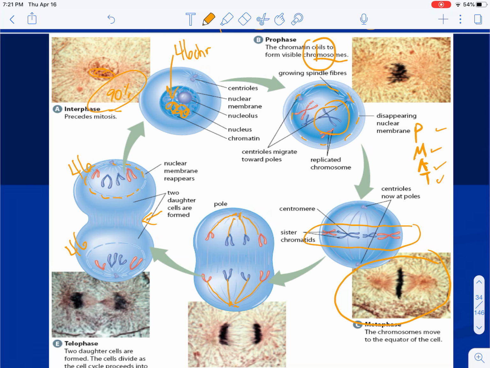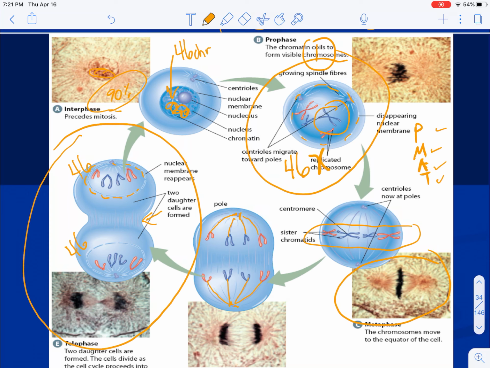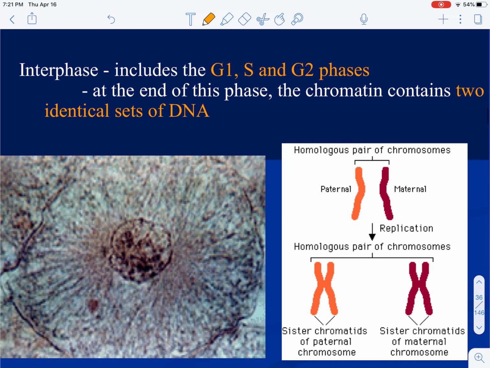The cell that started off in prophase would have 46 chromosomes in the shape of an X, whereas when we finish, we're going to have 46 chromosomes that are just one strand. So it still has all the genetic material, but they have split into two cells.